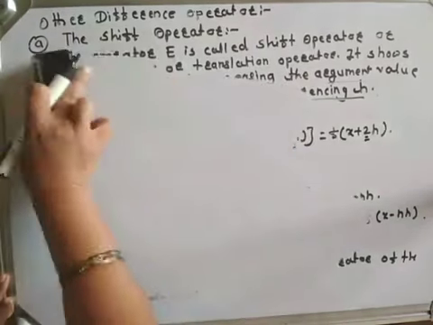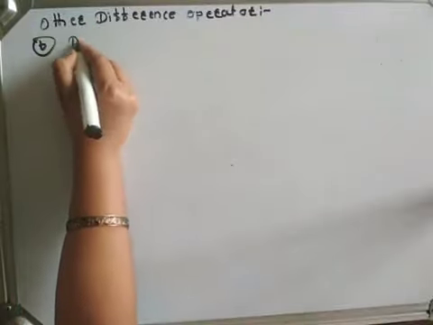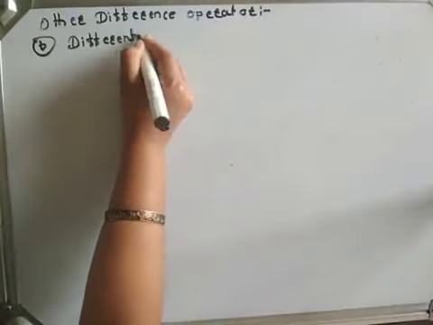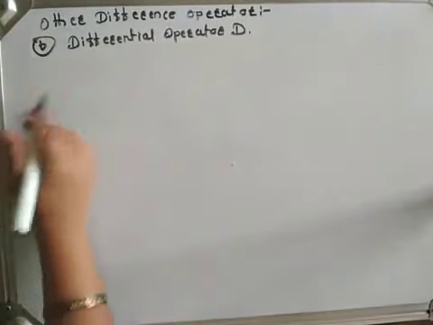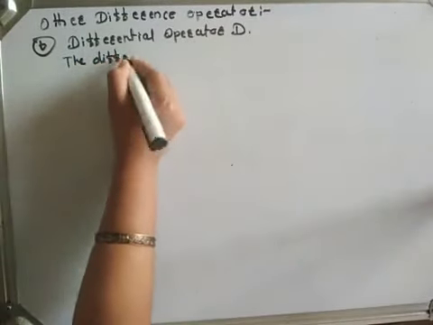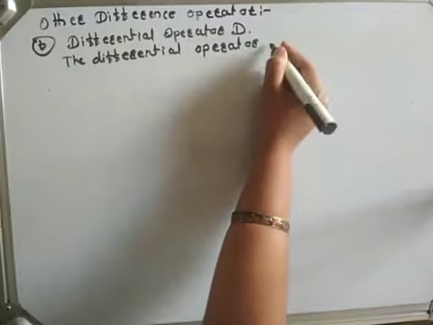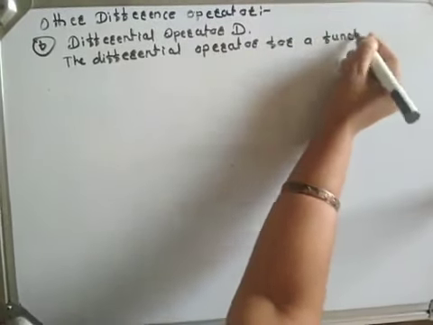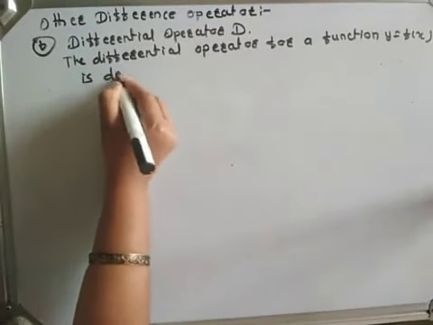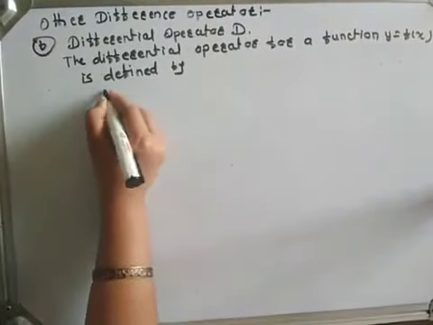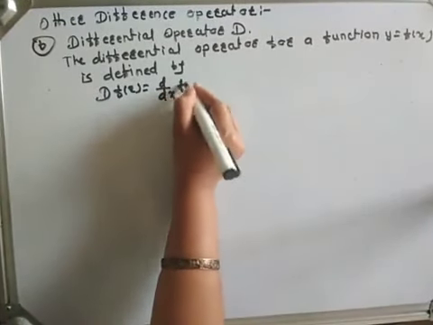The next operator is the differential operator. The second operator is the differential operator D. The differential operator for a function y is equal to f of x is defined by D of f of x is equal to d by dx of f of x.